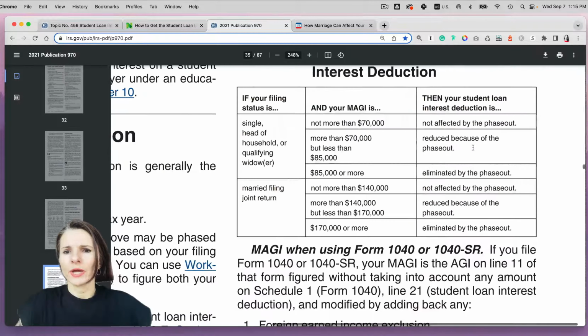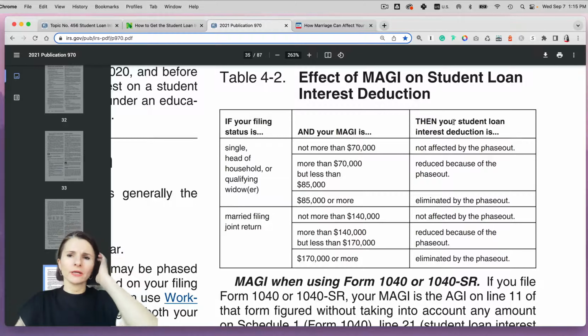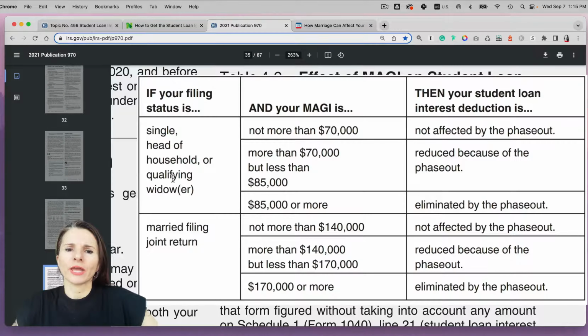However, you have to realize that there are some income limits. So let me show you. Right here, you can see the effects of MAGI, modified adjusted gross income, on student loans. If you are single, head of household, or qualifying widower, and you do not make more than $70,000, so up to $70,000, you can deduct the whole $2,500, given that you qualify in all other ways.